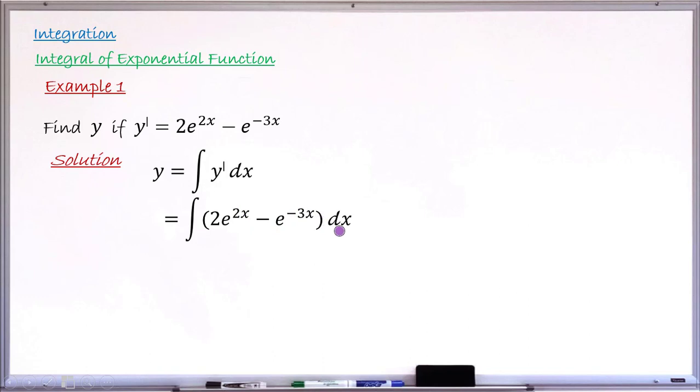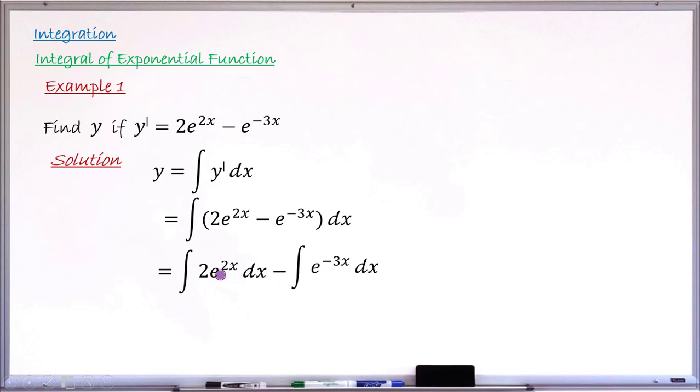We continue by applying the property of integration. I have 2 terms inside this bracket, so I can say the integral of the first term minus the integral of the second term. This is now equal to the integral of 2 e raised to the power of 2x dx minus the integral of the next term, e raised to the power of minus 3x dx.